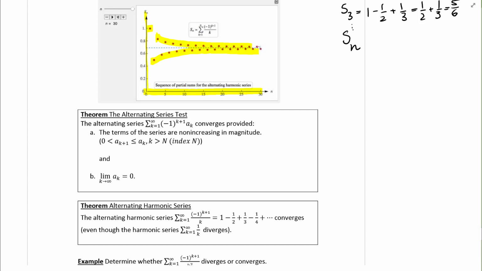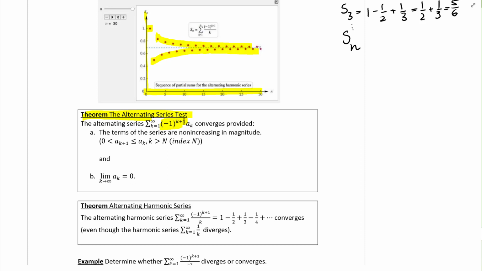So we have this theorem, the alternating series test. Every time we see the term (-1)^k or (-1)^(k+1), that should trigger the alternating type of series.